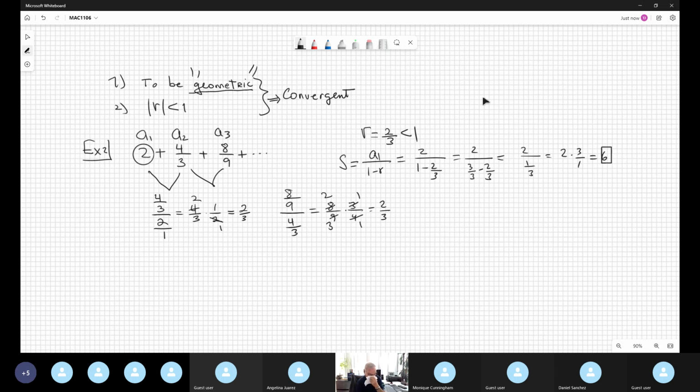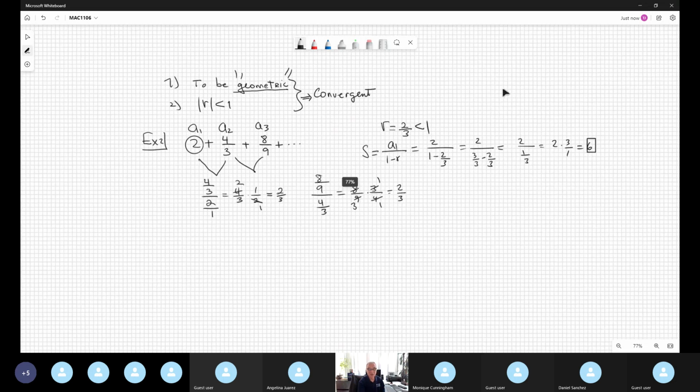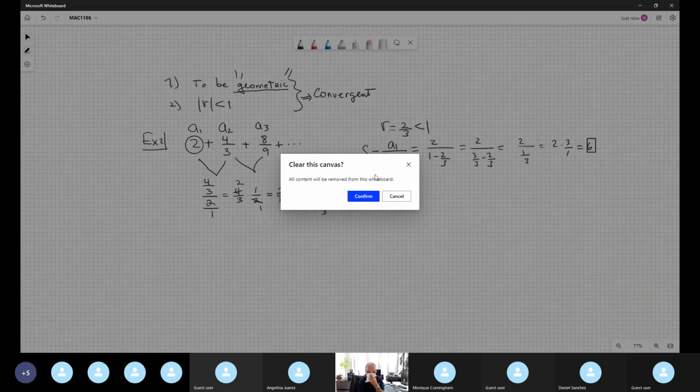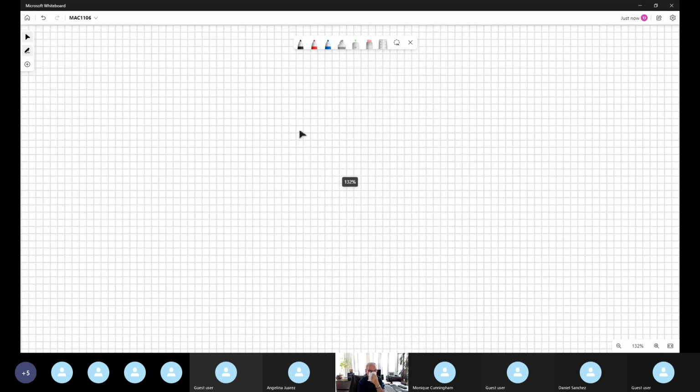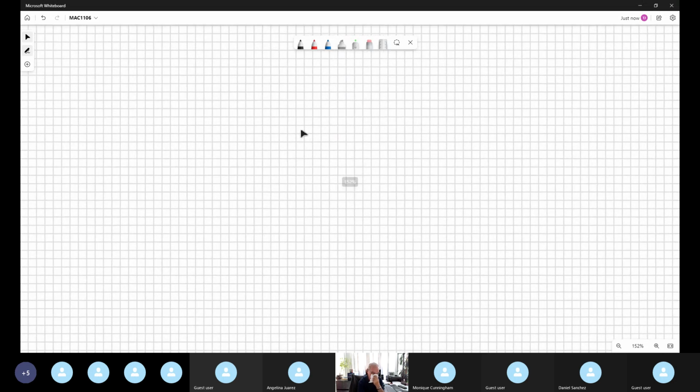Okay, let me try to explain the last part. The last before the last part is mathematical induction. Let me try to explain because it's easy. However, the students don't understand very well because the theoretical part is a little bit confusing. But no, I want to explain clearly. Suppose this idea.